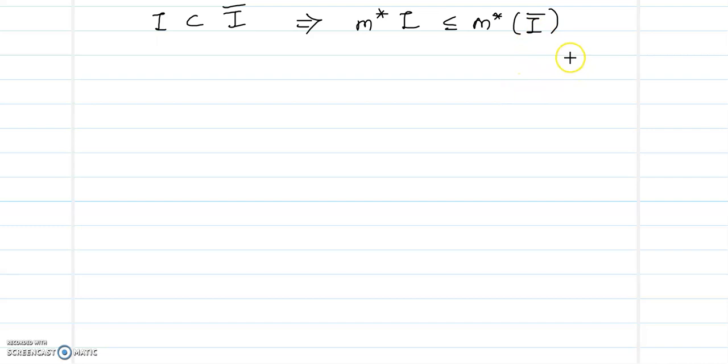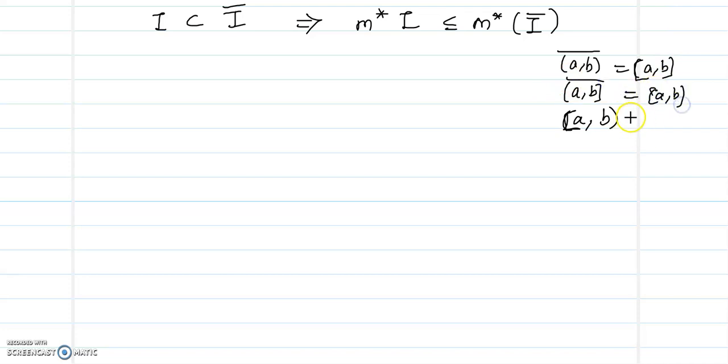Now, here the I we have taken is either an open interval or a semi-open interval. So these are the forms of the intervals we have. If you take the open interval (a, b), its closure is the closed interval [a, b]. Here too, the closure will be the closed interval [a, b]. And for this also, the closure will be the closed interval [a, b].